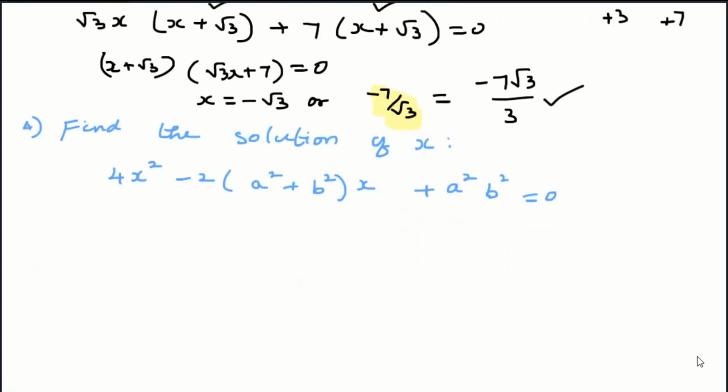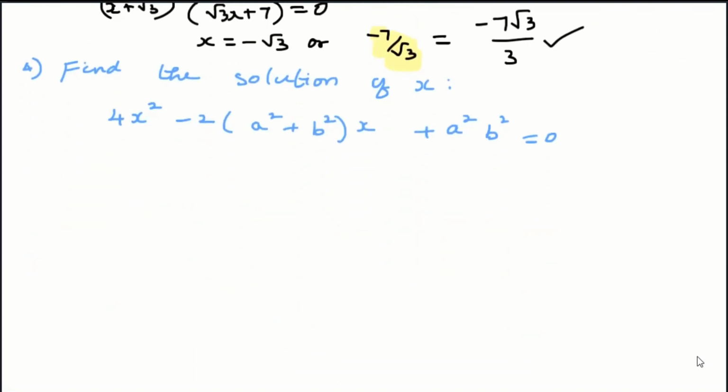Find the solution of. Now this is like variable, alphabets, right? There is no number attached to it. And look at the middle term. The middle term x, there is something inside the bracket. Okay. Now if I remove the bracket, what will happen?